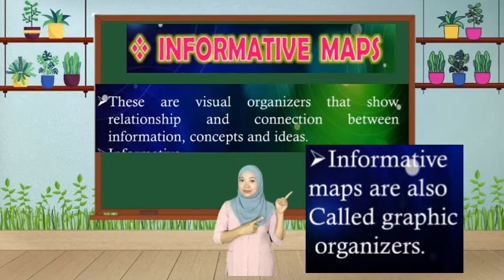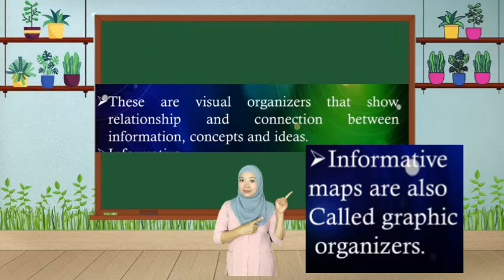Informative maps are also called graphic organizers. You have to take note that an informative map is something like a graphic organizer. This is not the usual map where the directions and times are indicated. So let me show you an example for this kind of graphical representation.